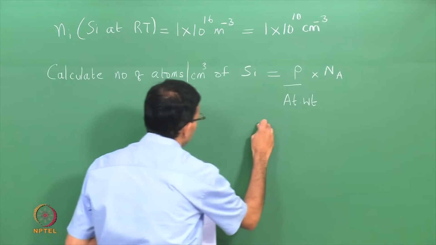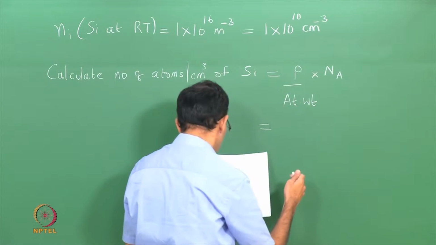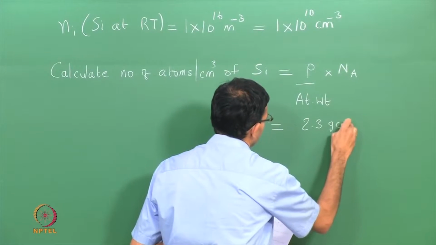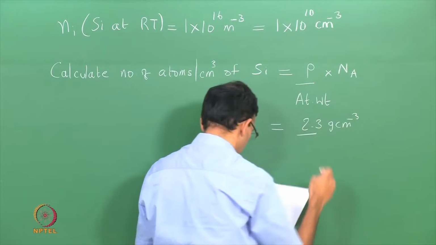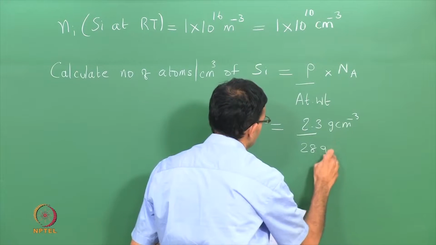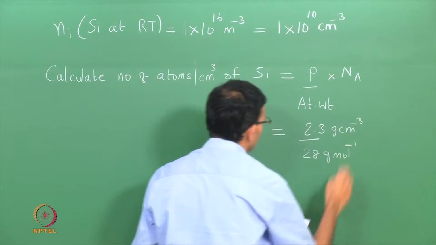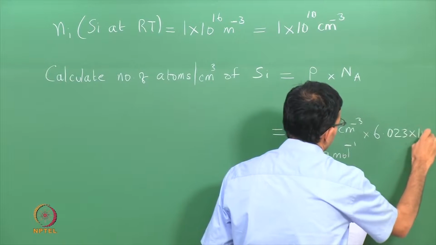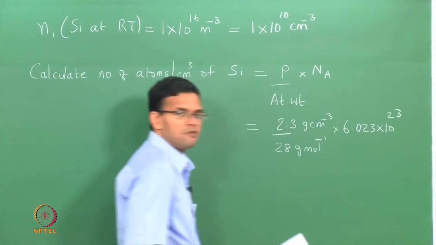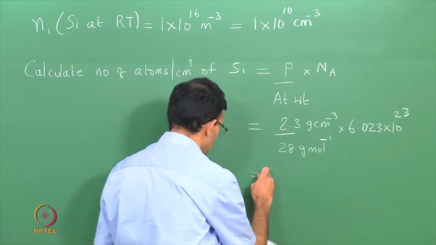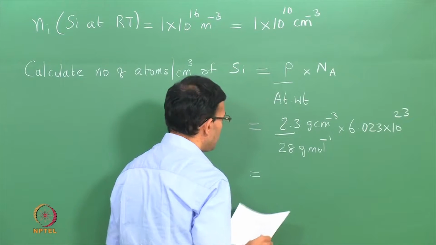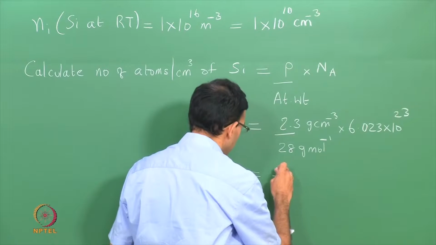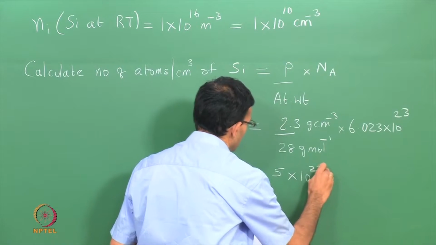If we substitute in the numbers, density of silicon is 2.3 grams per centimeter cube, atomic weight is 28 grams per mole, Avogadro's number is 6.023 times 10 to the 23. If we substitute these values and evaluate, you get the number of silicon atoms per unit volume to be approximately 5 times 10 to the 22.